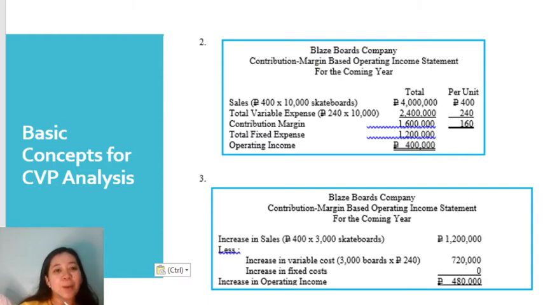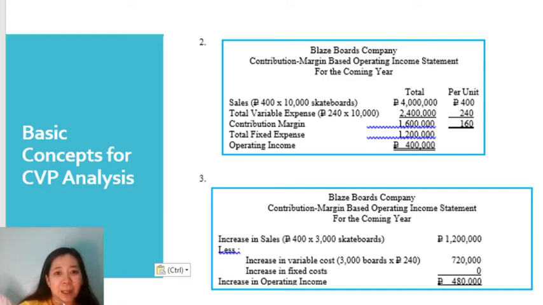Next, we will also deduct those expenses that increased as our number of units increased. Meaning, you will only be considering variable costs. Our variable cost also increased, so 3,000 times 240.